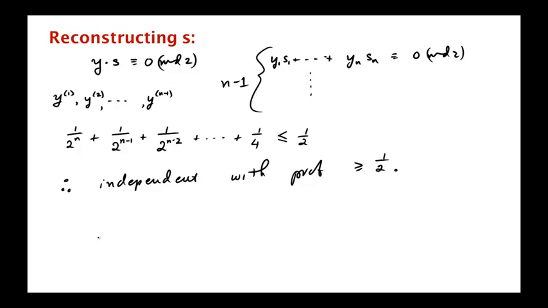You compute f of x and f of x plus s for some random value of x and check if they are equal. If you try this a few times and always find equality, then you know that you found the right value of s with very high probability, and you can stop.